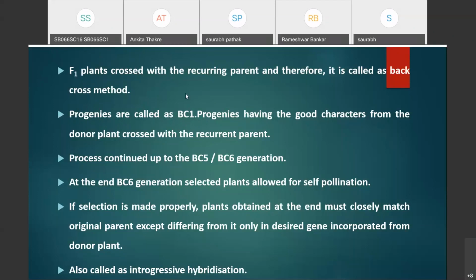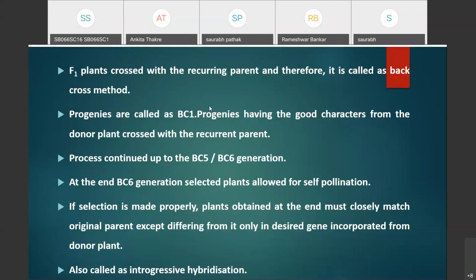From backcross generation 1, the progenies having the good characters from the donor plant are crossed again with the recurrent parent. In this case the donor plant is donating the disease resistance capacity.